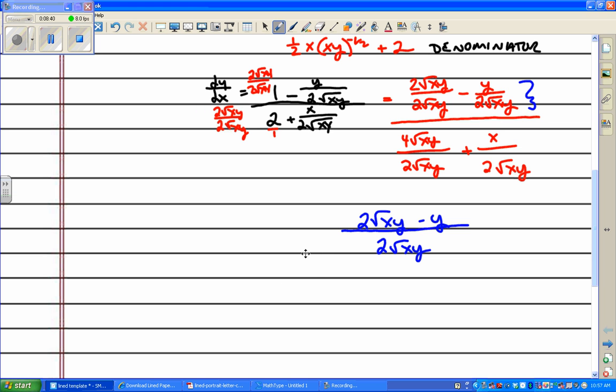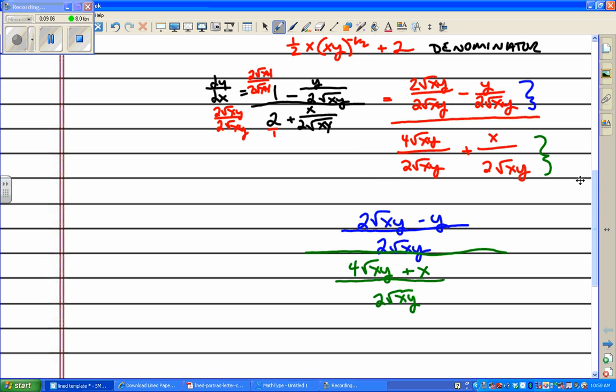I'll do the denominator in green. Okay, that's going to be 4 radical xy plus x all over 2 radical xy. So that's what that thing there ends up being.